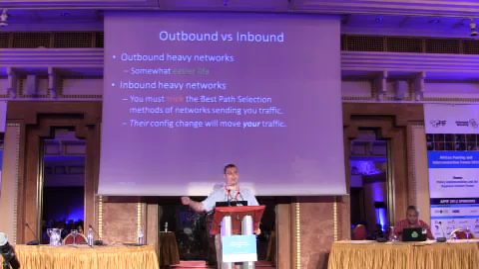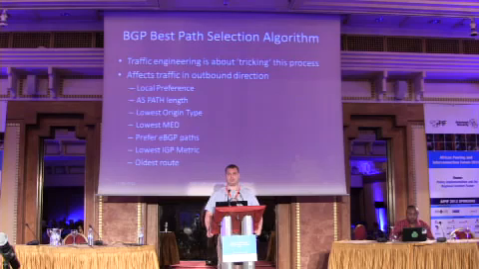The main tool that we have for influencing how traffic leaves a network is the BGP best path selection algorithm. And traffic engineering is all about understanding this process and causing this algorithm to do exactly what you want as a peering network.